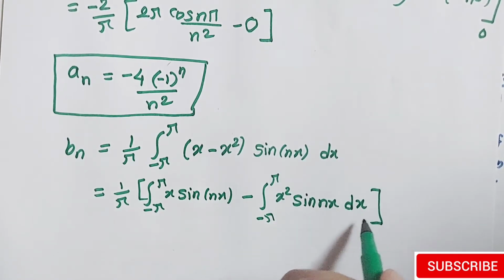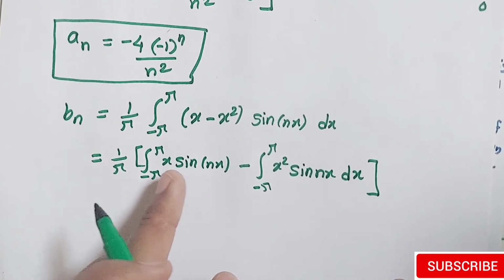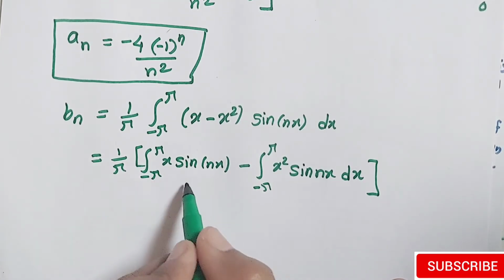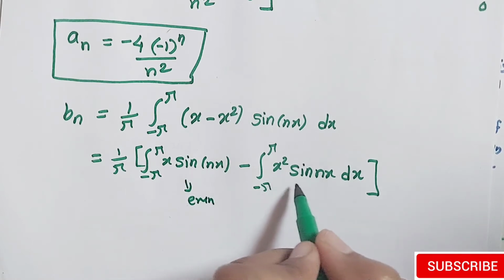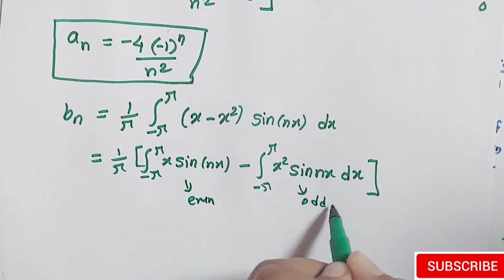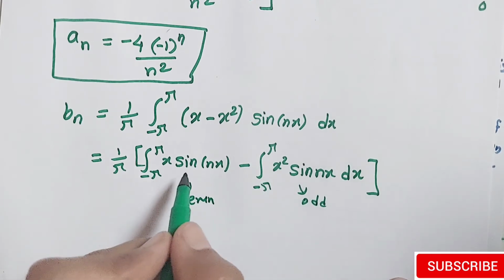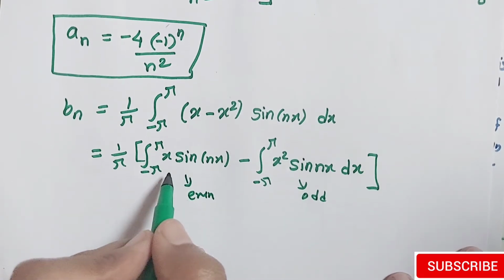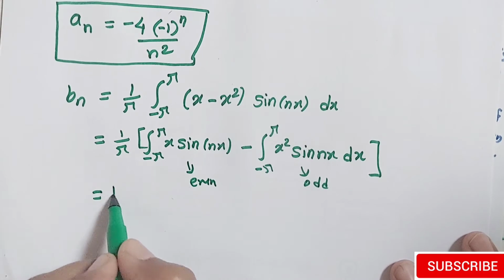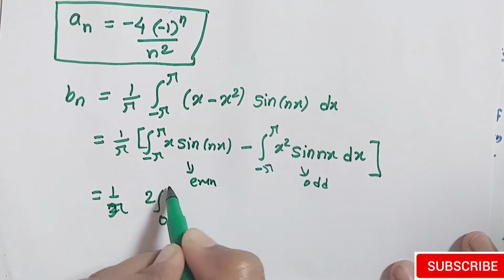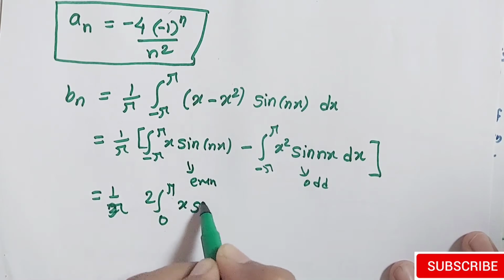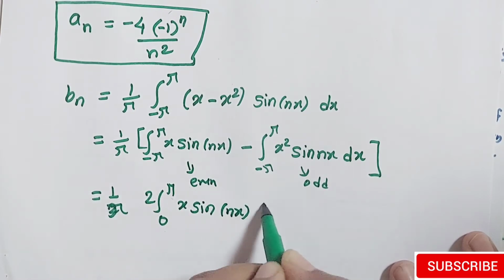And we know that sin is an odd function. So odd into odd is even, so this is our even term, but sin is odd and x square is even, so this is an odd term. That means this second term is 0. We just have to integrate this first term, and it is even, so we can write it as twice integral 0 to pi x sin nx dx.